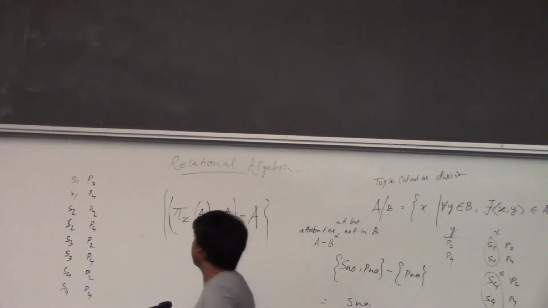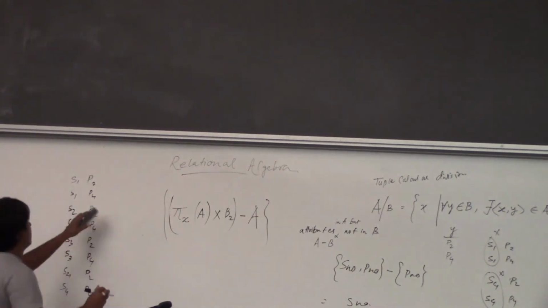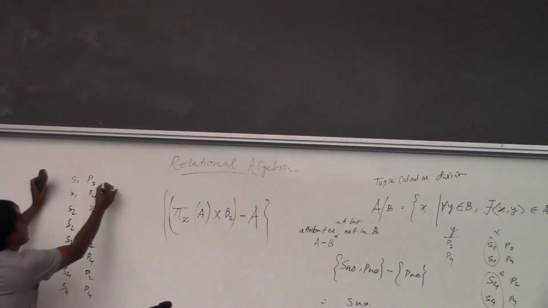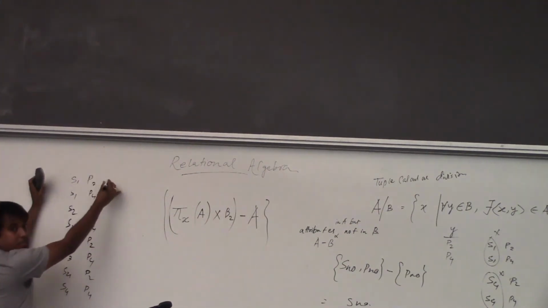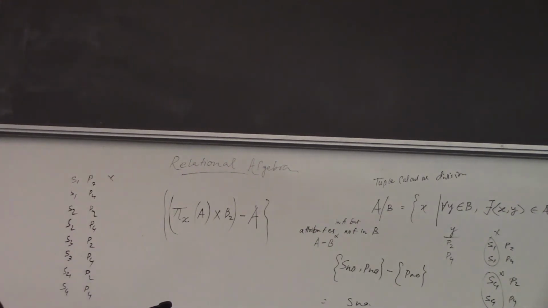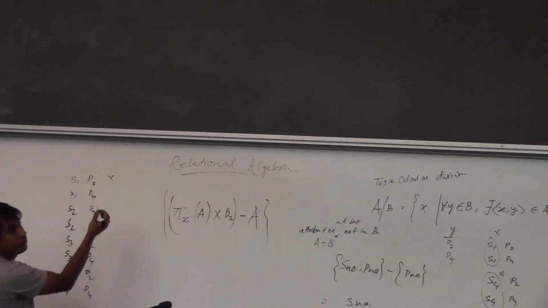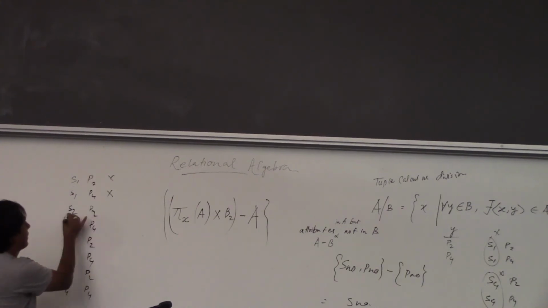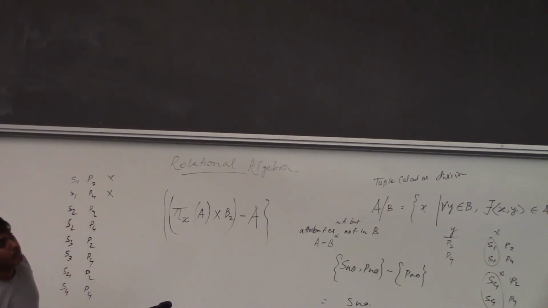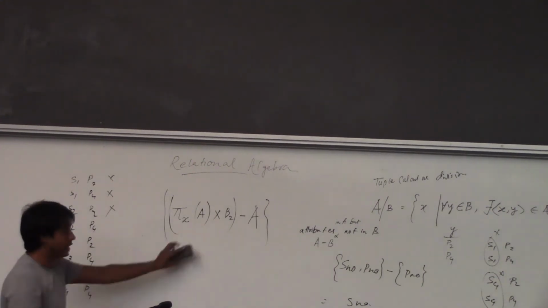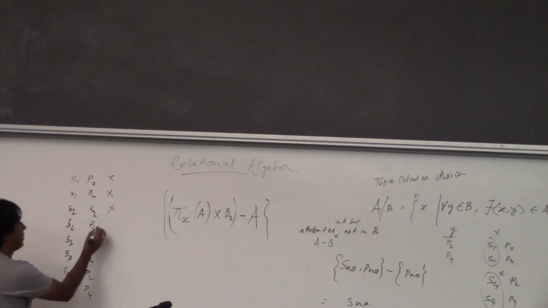Let me draw it. So we can cancel out this one, it's present there, right? So it is canceled out. S1 P2 is there, S1 P4 is also there. We can cancel out S2 P2, it's there. You got it, right? This one minus this one.